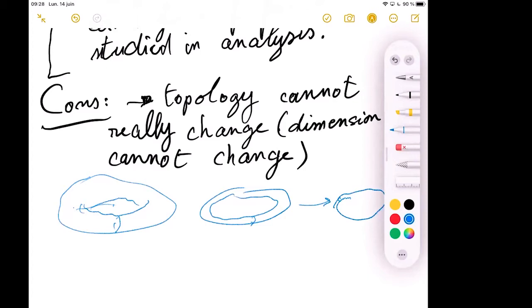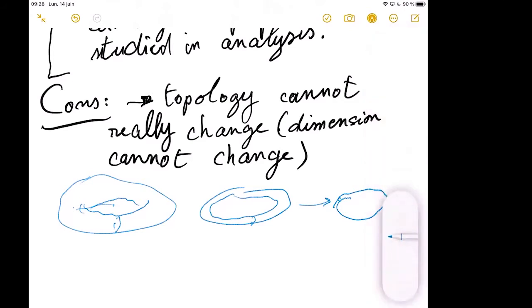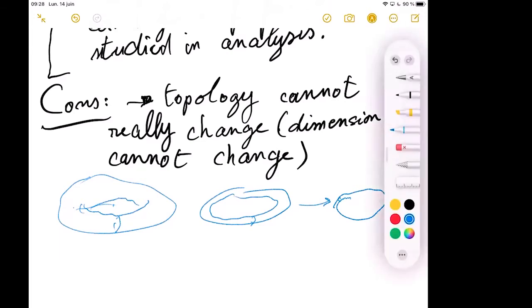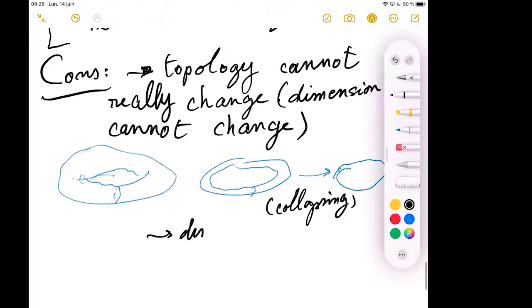That's what our intuition in space tells us. And this cannot be addressed with this framework. This kind of phenomenon is called collapsing. Dimension drops, and so we cannot address that with C^K convergence.